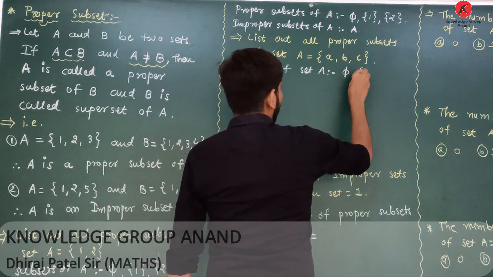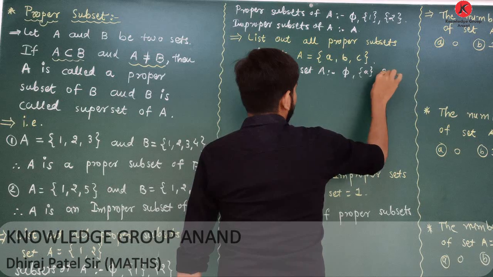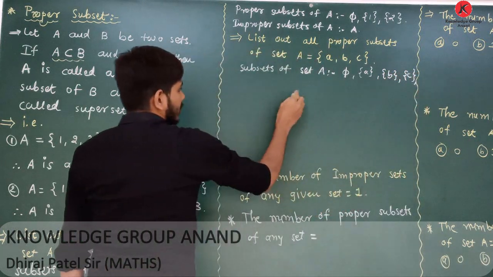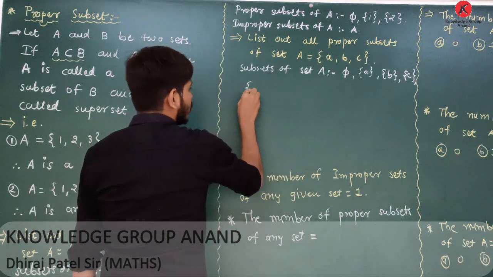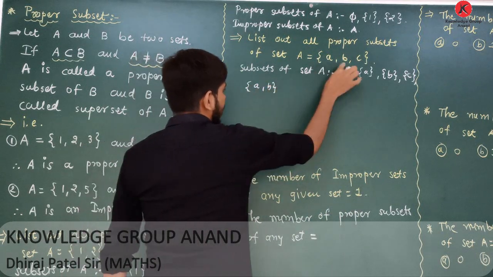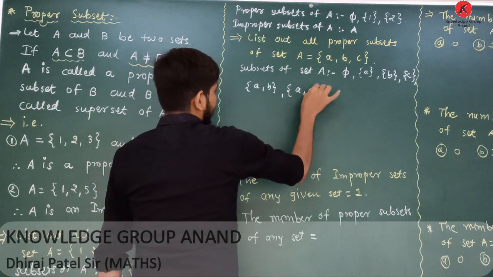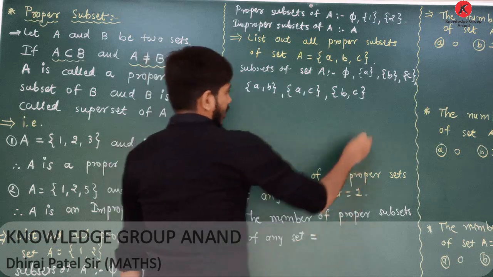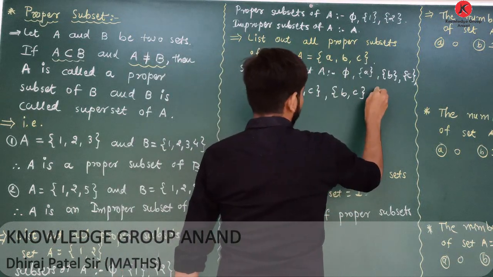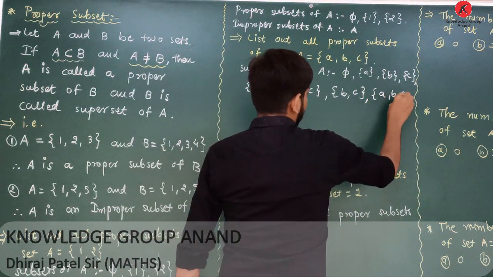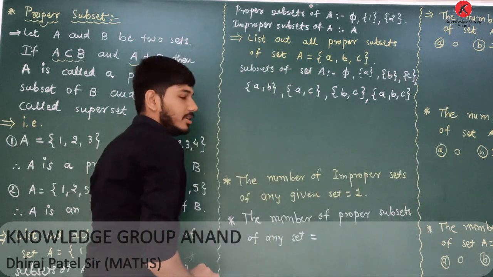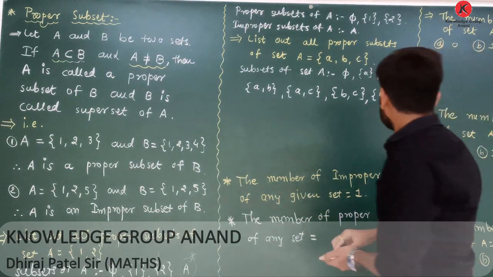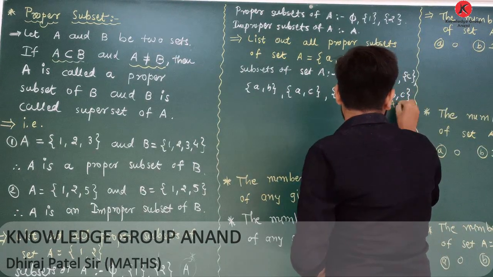First one, null set, curly bracket A, curly bracket B, curly bracket C. Now list out the subsets having 2 elements, which are AB, next one AC, next one B and C. Now list the subset having 3 elements, which is set A itself.